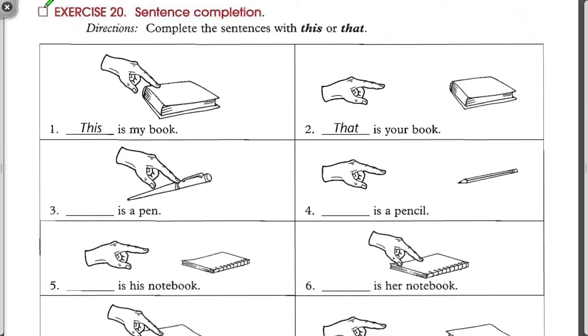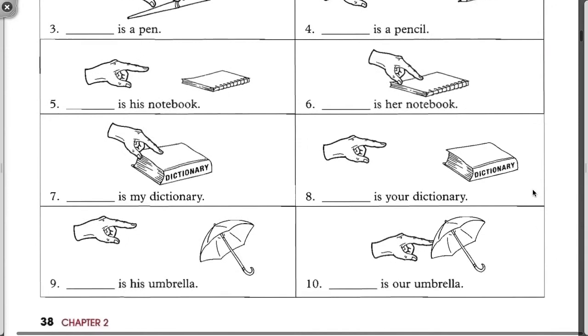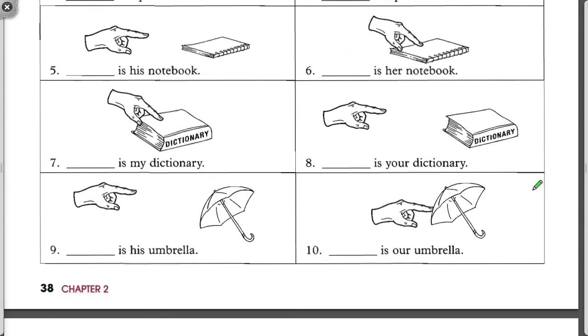Exercise 20. Sentence completion. This is my book. That is your book. This is my pen. What goes here? That is a pencil. Number 5. What's number 5? That is a notebook. Number 6.